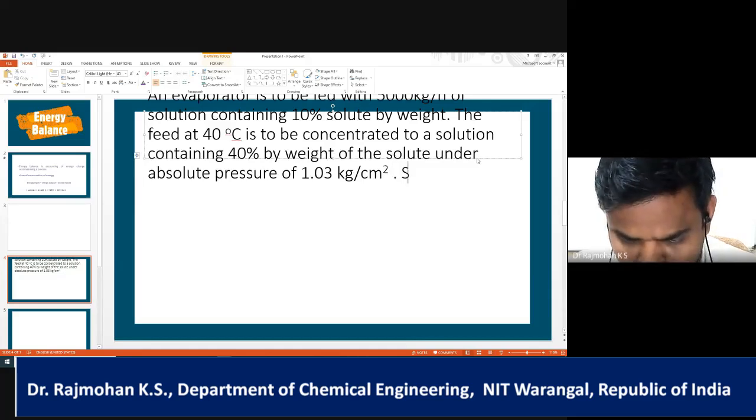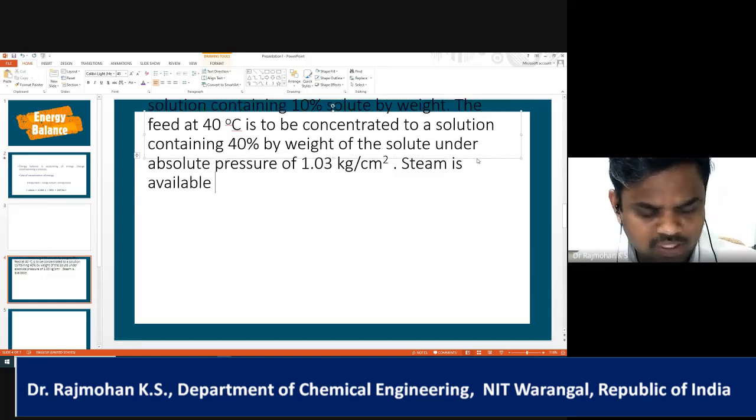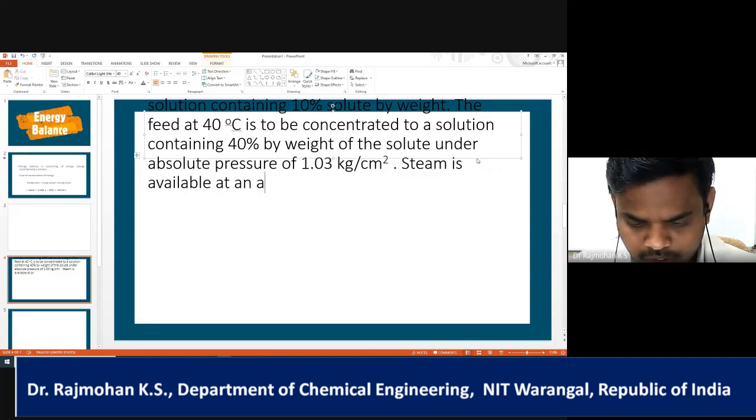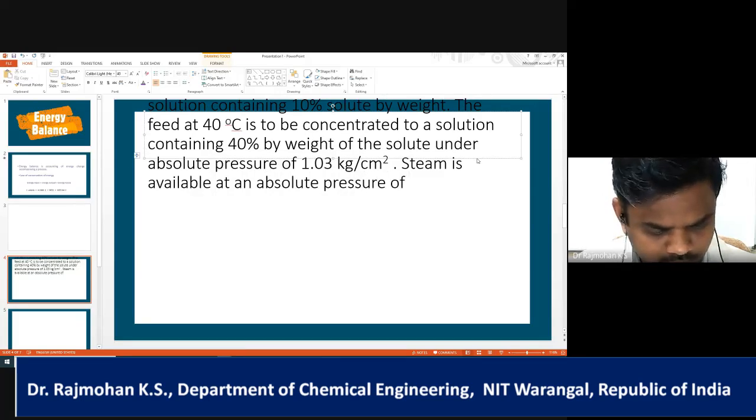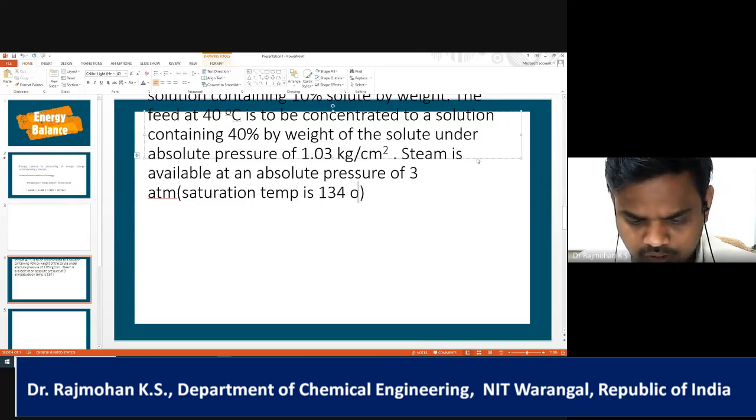Steam is available at an absolute pressure of 3 atmosphere. Saturation temperature is 134 degrees Celsius.